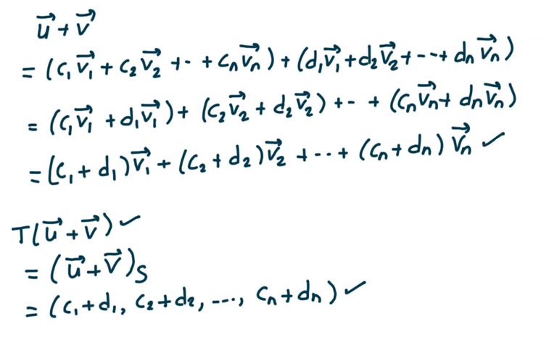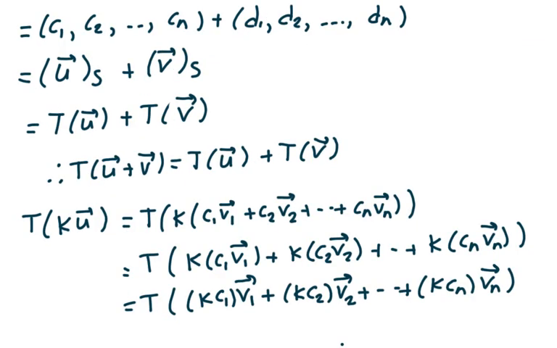So notice how the first component is c1 plus d1. The second component is c2 plus d2. And then I follow that pattern. And then the nth component is cn plus dn. But can I write this as the vector (c1, c2 through cn) plus the vector (d1, d2 through dn)?